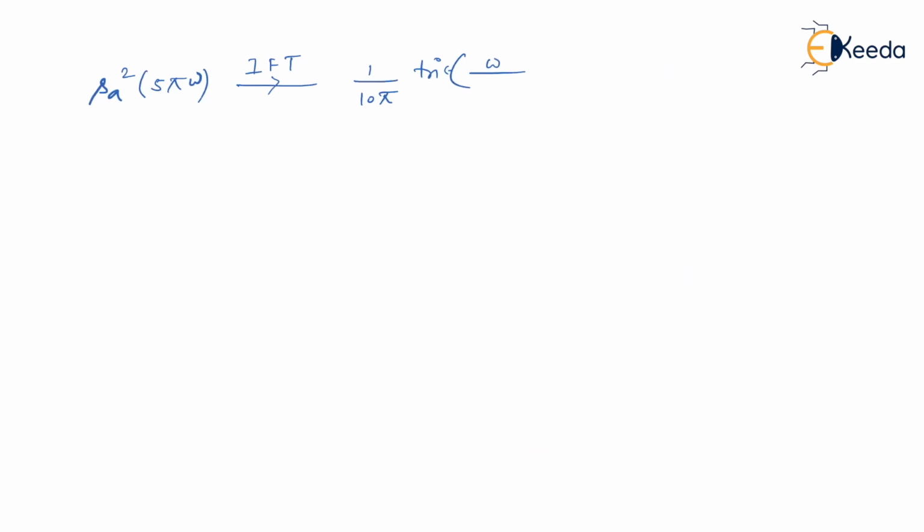In fact, we write half width over here, which is 10 pi. So this is an inverse Fourier transform of sampling square of 5 times pi omega. Am I right? So I would say sin square of 5 omega has an inverse Fourier transform as 1 upon 10 pi, a triangular function of t by 10 pi.